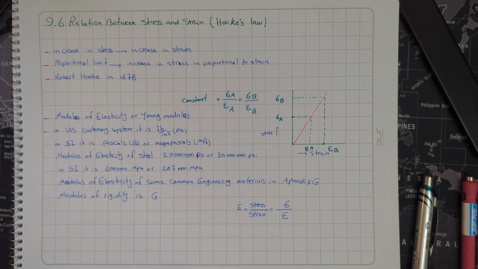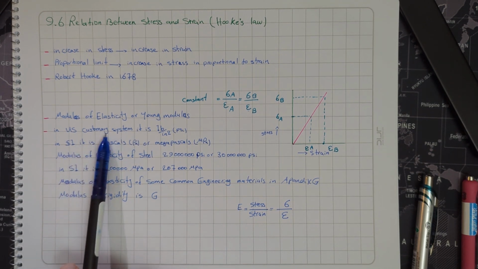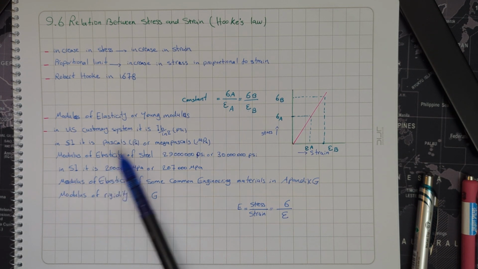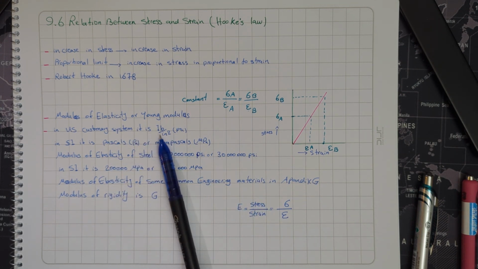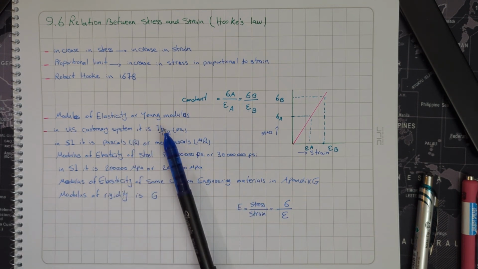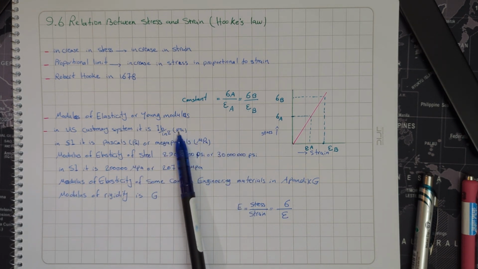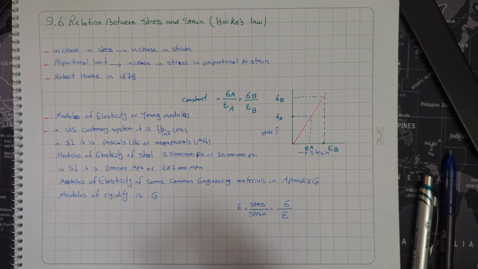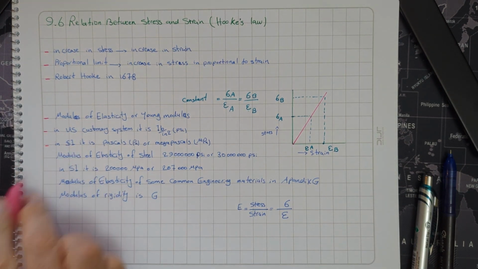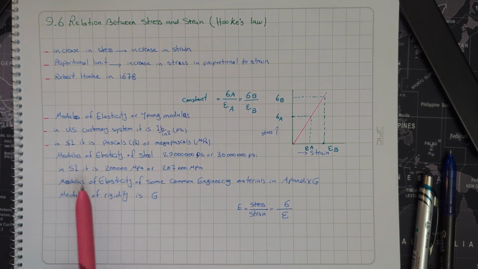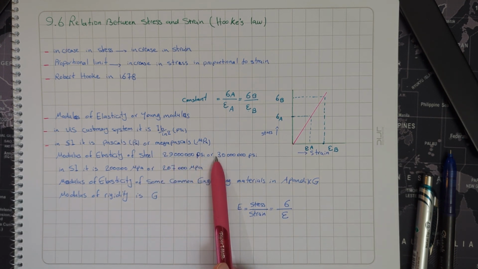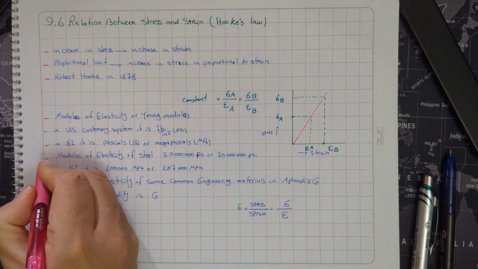All right. So in the US customary system, the Young modulus is measured in pounds per square inch, and we call it psi. In SI, it is in pascal or megapascal. Modulus of elasticity of steel is 29 million psi or 30 million psi in this book.